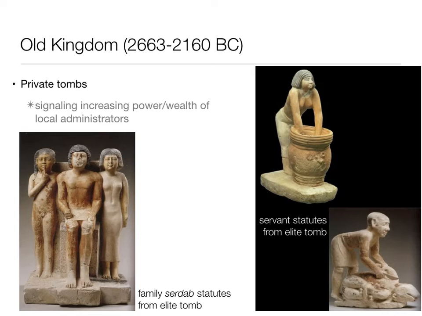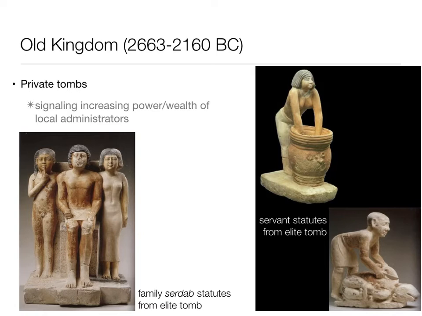Even though their child is life-size, you can tell it's a child by what's called the lock of youth, the side lock. It looks kind of like a young Padawan, Jedi Padawan or something. And he's got his finger to his lips, which indicates he's an adolescent or juvenile.